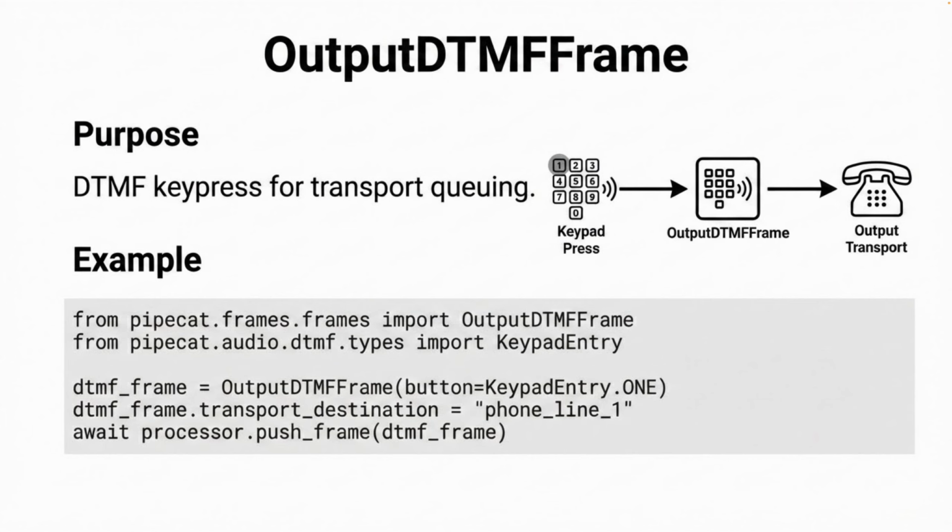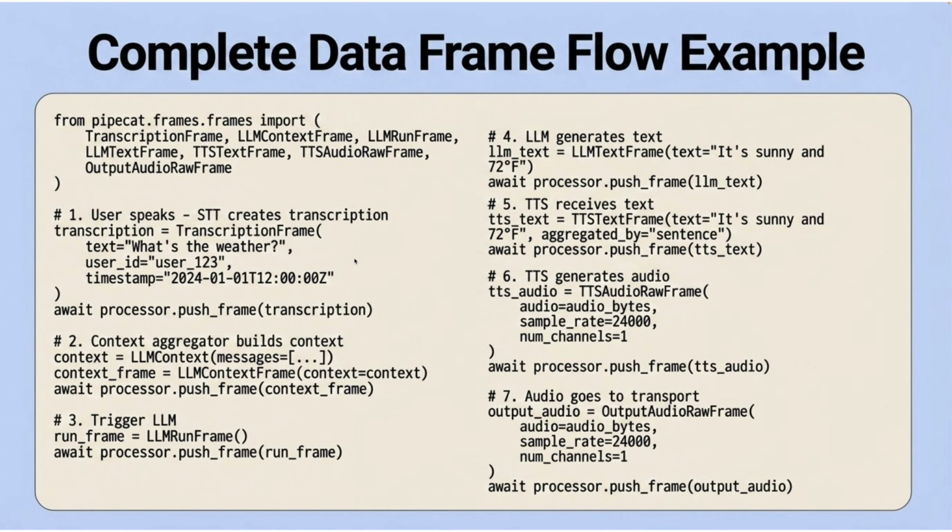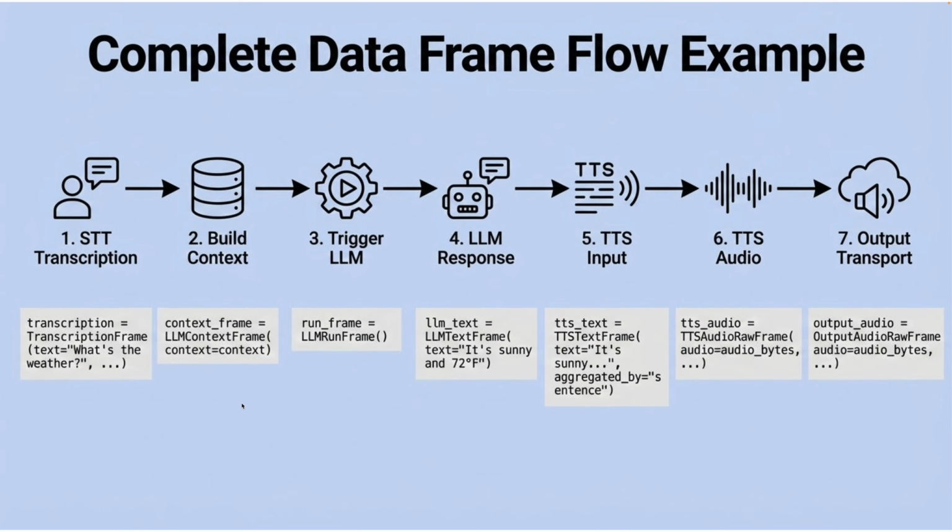Next, I'll showcase one complete data frame example that we generally use on a day-to-day basis. You can pause the video and go through this code manually, but I've created this next slide with all the main details. We have the STT transcription, which is used by aggregators to create the context.